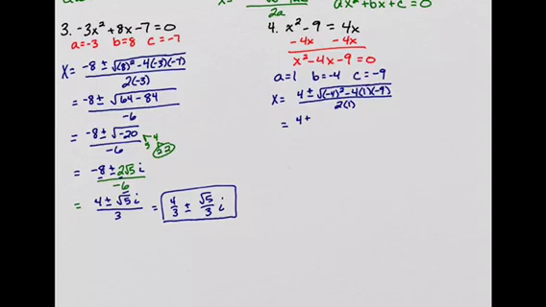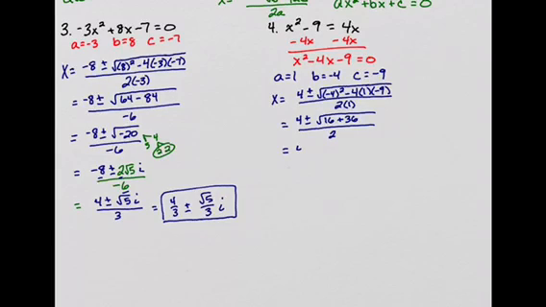So now to simplify, underneath the square root, I'll take negative 4 squared and get 16, and then negative 4 times 1 times negative 9 is a positive 36, all over 2 times 1 is 2.